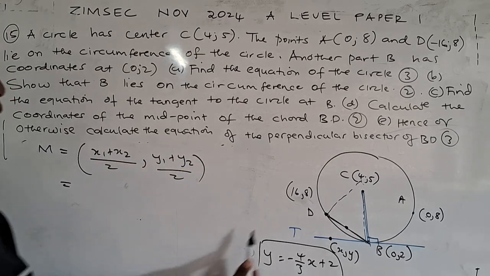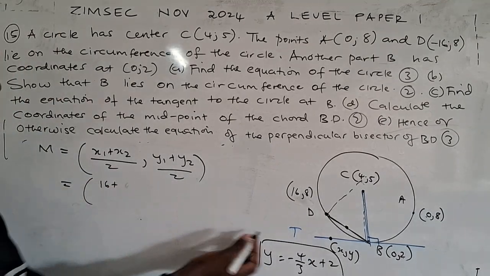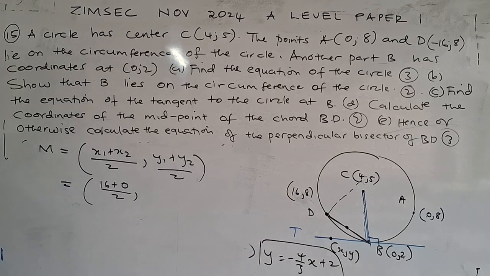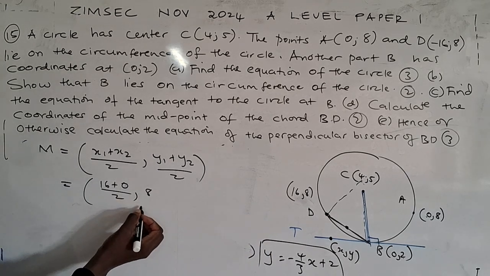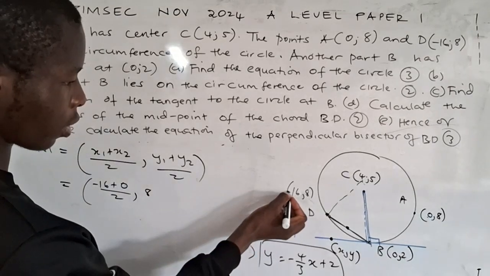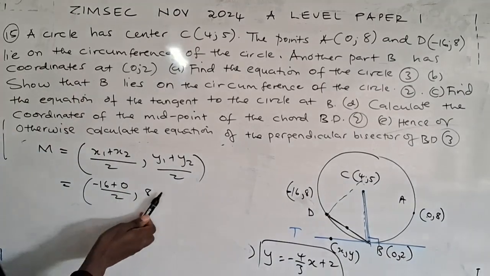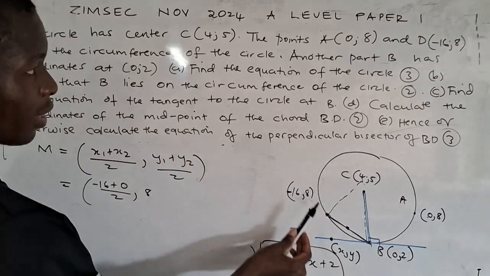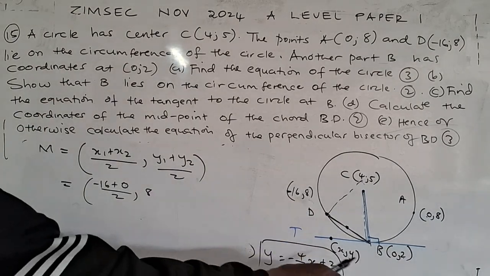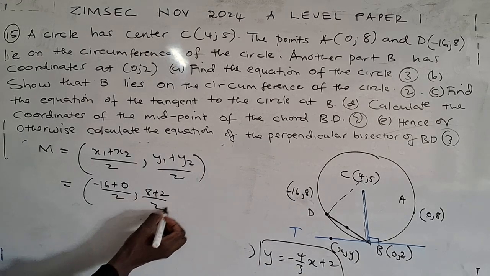So here I'm going to say negative 16 plus 0 divided by 2, and here y1 is 8, then 8 plus 2 divided by 2.